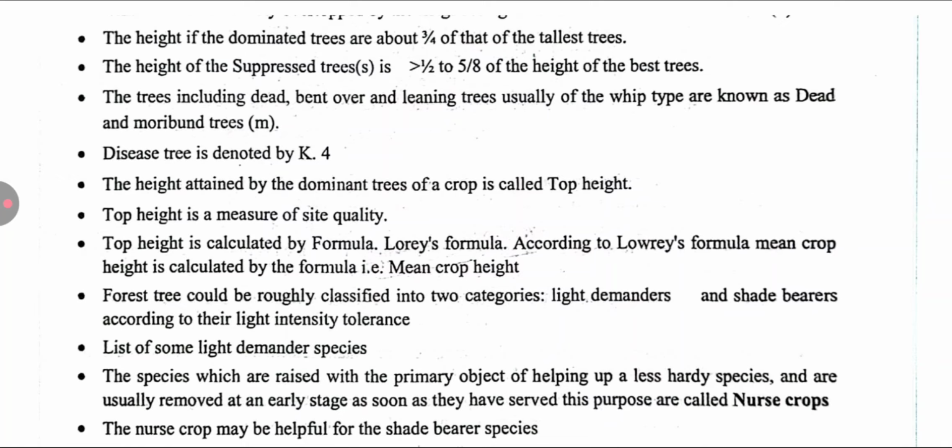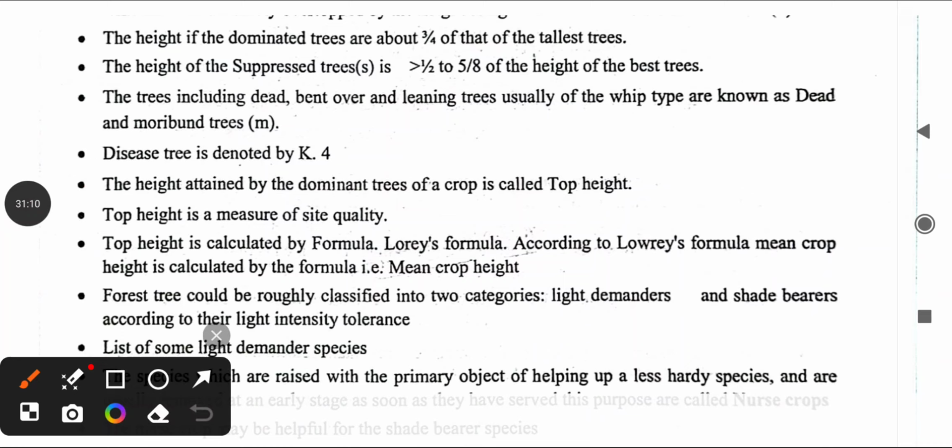The height of the dominant trees is about 3/4 of the height of the tallest tree. The height of the suppressed tree is more than 1/2 to 5/8 of the height of the tallest tree.